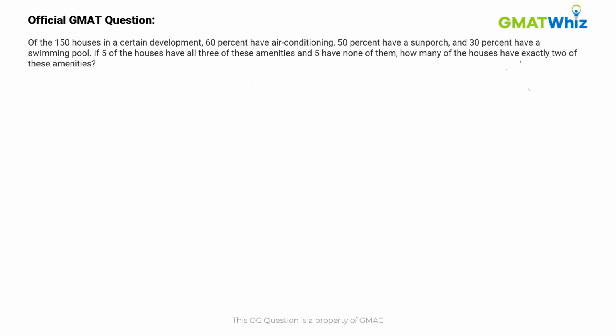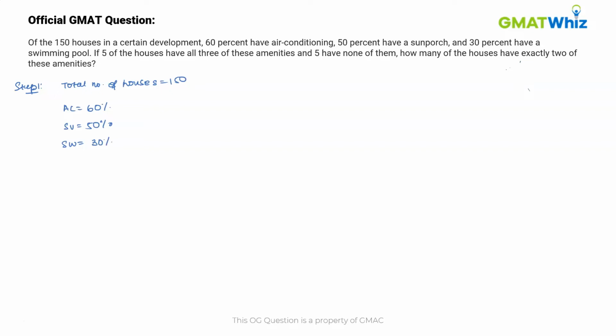In this question, we are given that out of 150 houses in a certain development, so the total number of houses in the development project is equal to 150. We are given that 60% have air conditioning and 50% have sun porch, 30% has swimming pool.